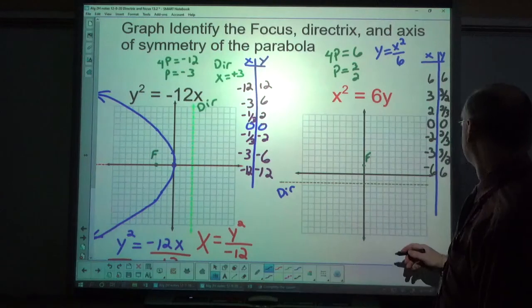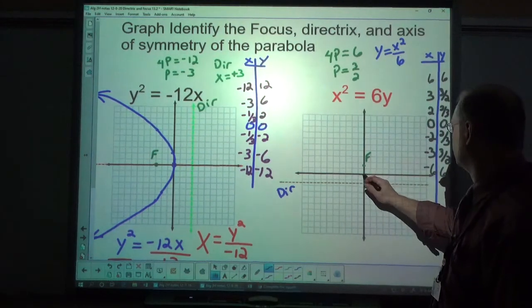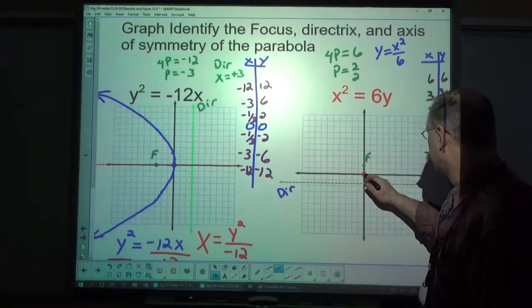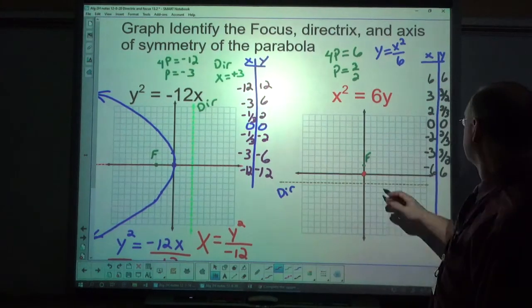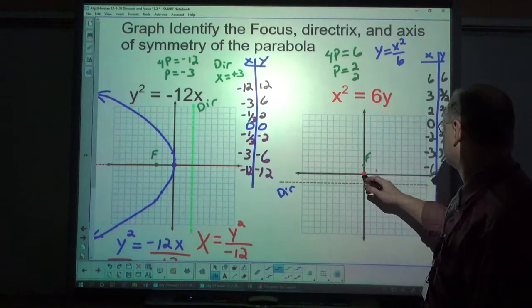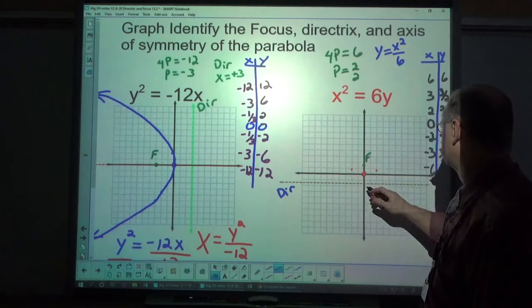All right. So, (0, 0). No, I think I need a different color. (2, 2/3). (-2, 2/3).